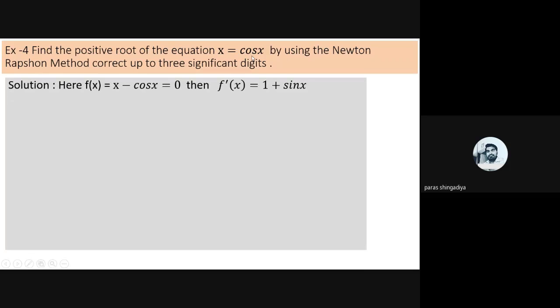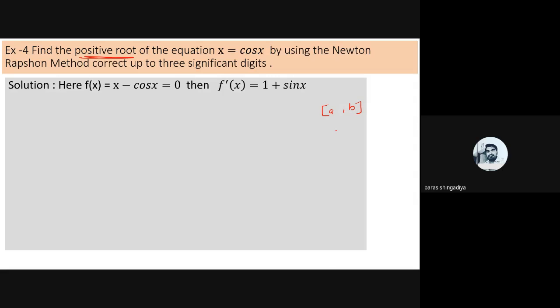The same question and the same function is given, and here we'll check the answer correct up to 3 significant digits by using the Newton-Raphson method. Here one word is given: positive root. What is the meaning of positive root? If we consider the interval AB as positive values, like 2, 3, 5, 2, 0, 1, then we'll get the answer in positive form.